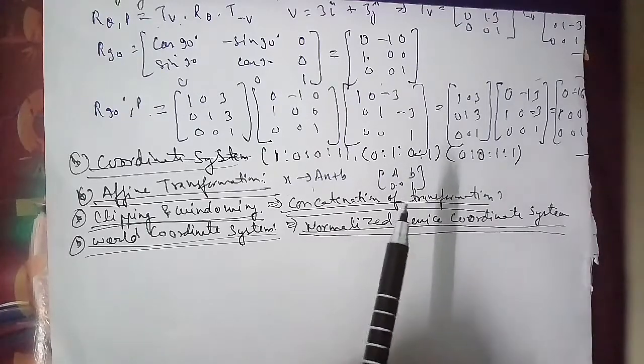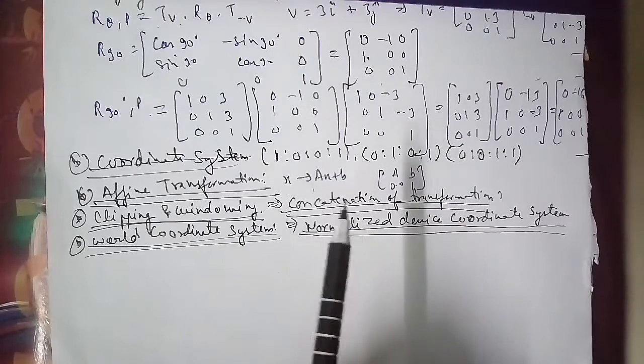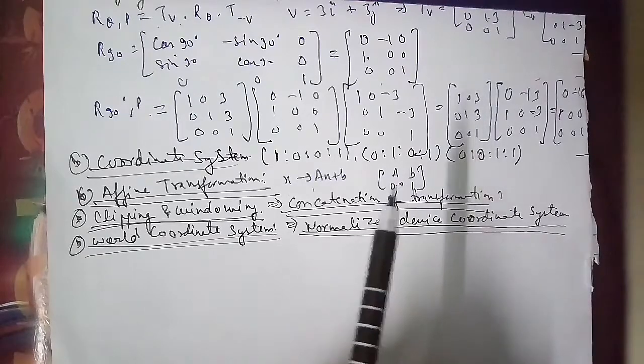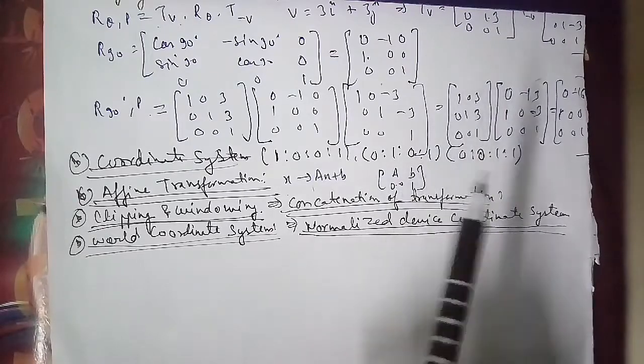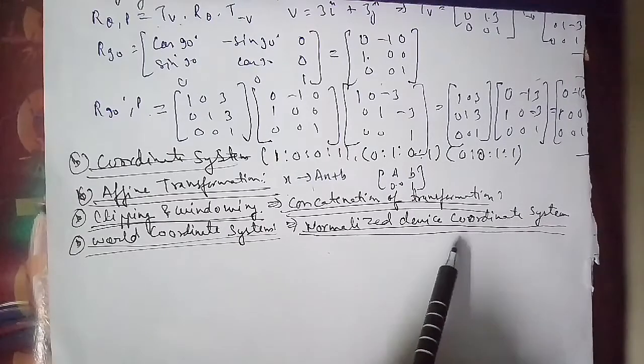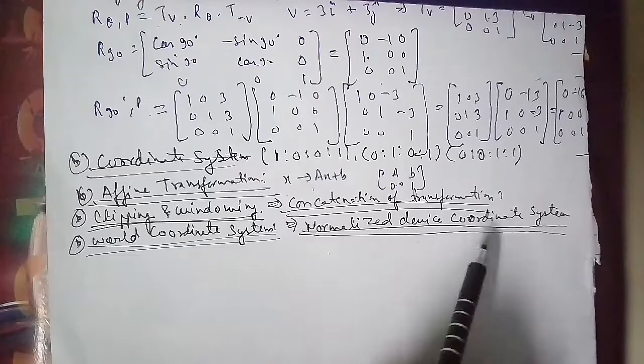A rectangular viewport with axes parallel to the axes of the NDCS is used to specify a subdivision of the display area that embodies the images. Now we'll talk about the viewing transformation.